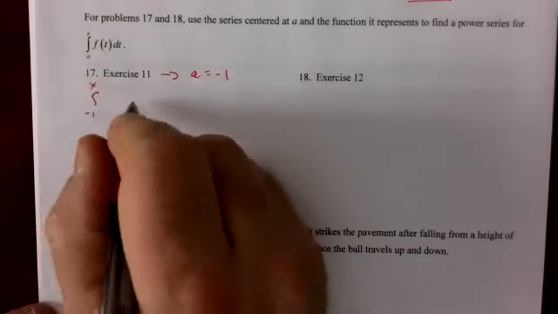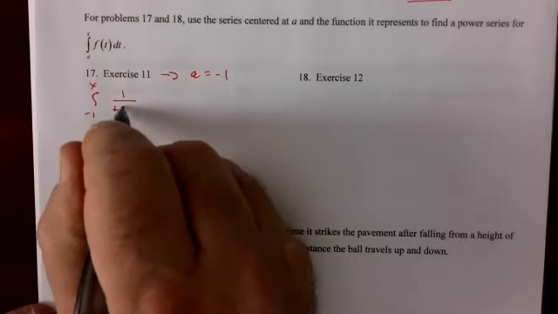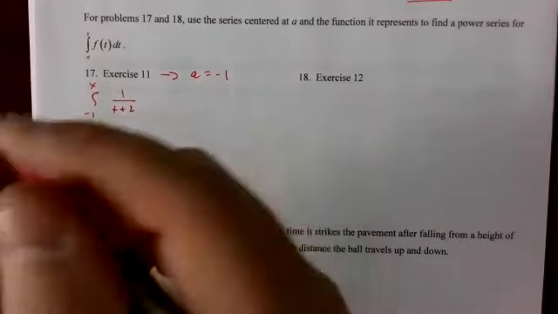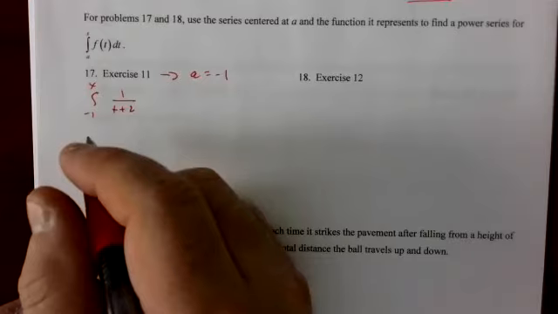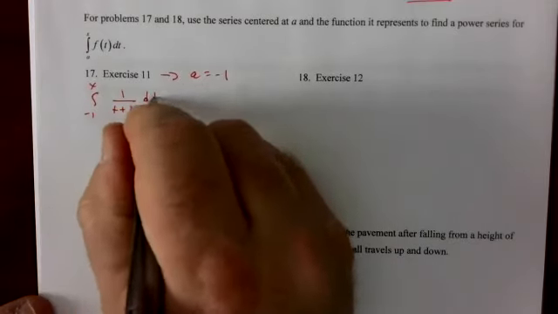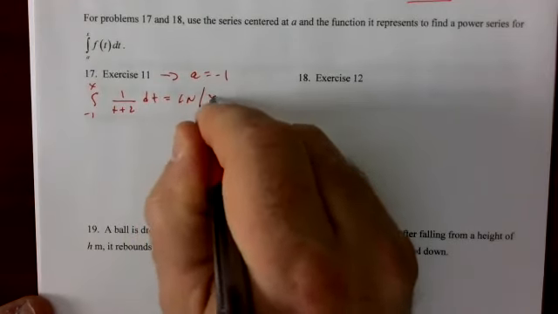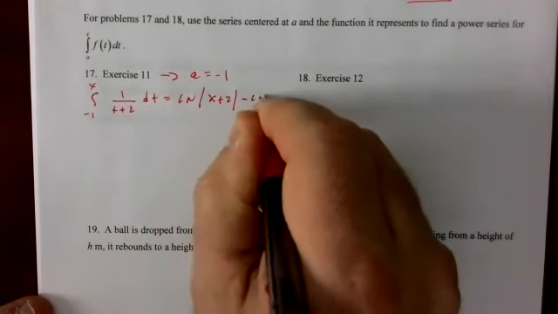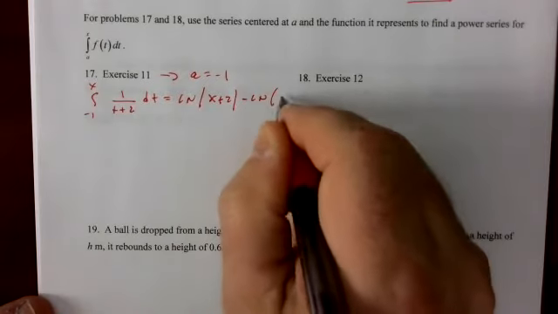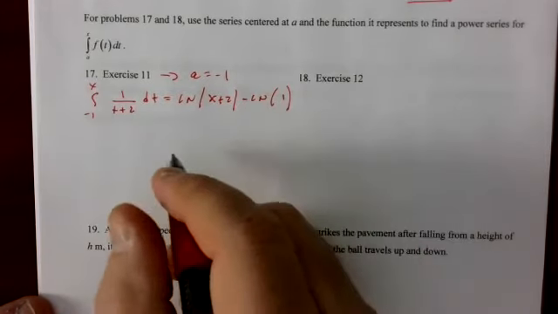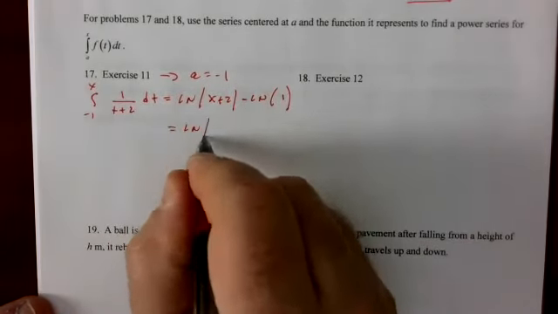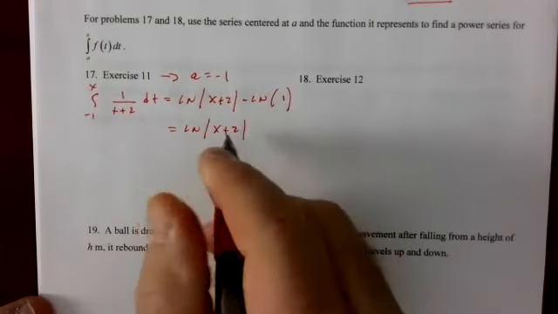And now we're going to put in these dummy variables. 1 over t plus 2. Remember, it's the original, not the derivative, dt. And that would be the integral, natural log of x plus 2 minus natural log of 1, equals natural log of x plus 2.